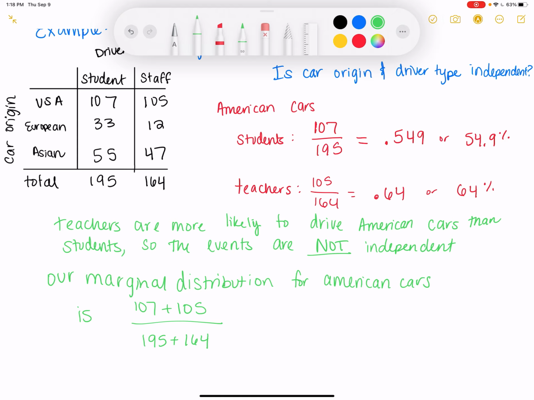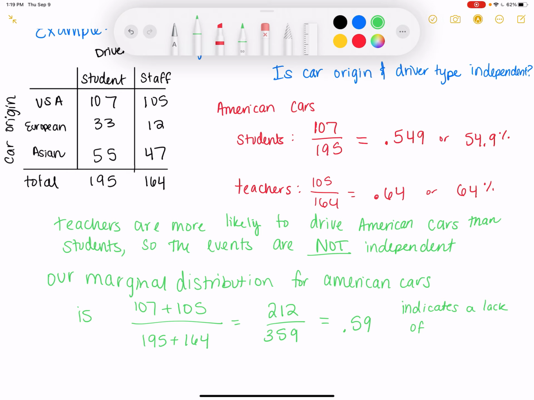So it's the total out of one of your rows divided by the total between the two columns. Okay, so that gives us 212 out of 359 for 0.59, which indicates a lack of independence. What would it be if it was dependent?